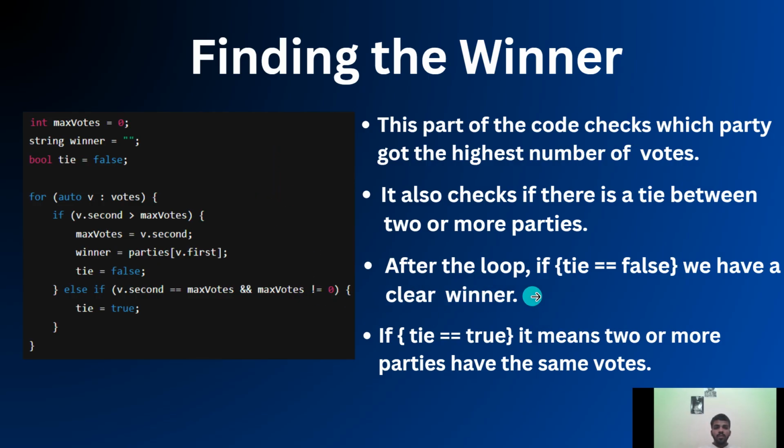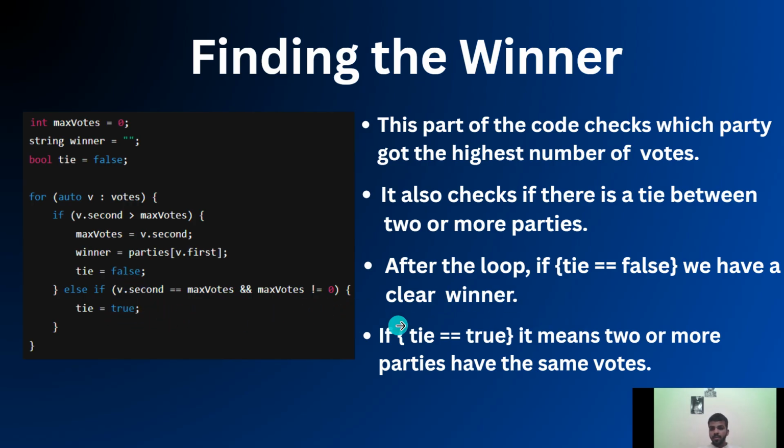After the loop, if tie equal to false, we have a clear winner. We use an if statement in the for loop for a clear winning party. If tie equal to false, we have a clear winner.